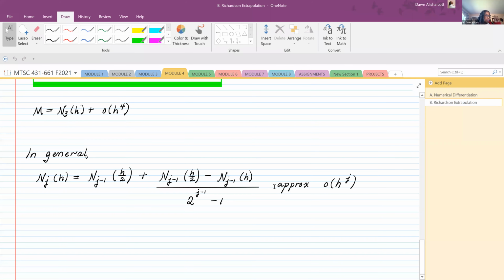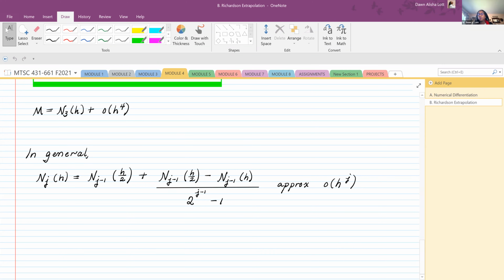The general formula allows you to approximate your original N as an order of h to the j, whatever you want your j to be. And if you know that your formula actually goes in powers of 2, so it looks like h squared, then something h to the 4th, then something h to the 6th, etc., then there's another formula that can be used.